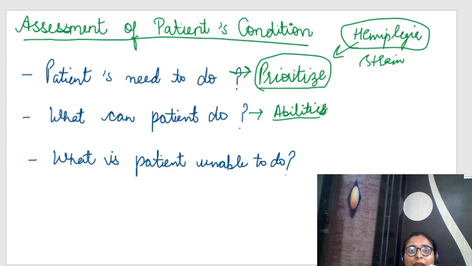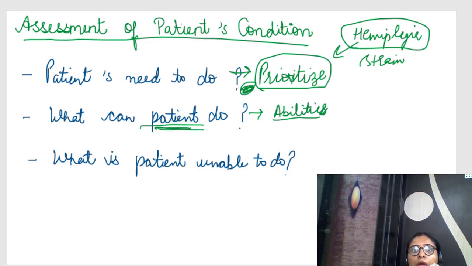It means he can run his family financially, right? So we will prioritize those activities and help him to be independent in them, right? And once we have prioritized those activities, we will see the abilities of the patient. Right now, what are the things or muscles which are available, or which are stronger, so that we can reinforce them and strengthen the muscles which are still stronger, right?